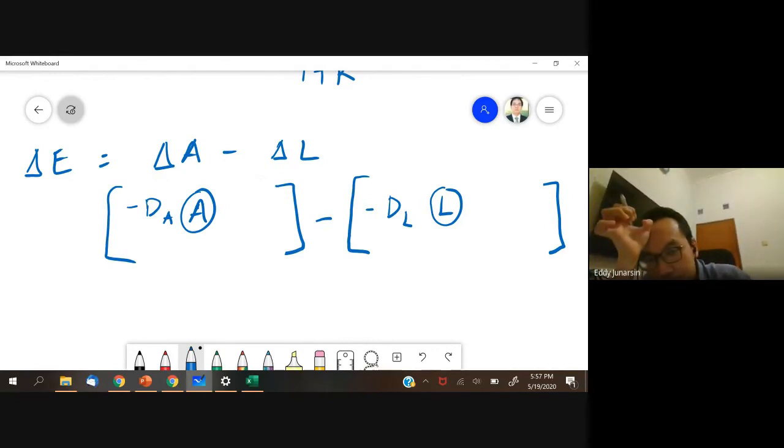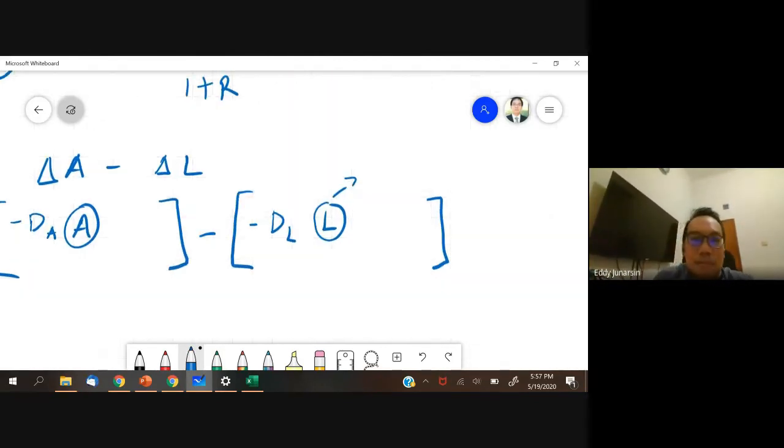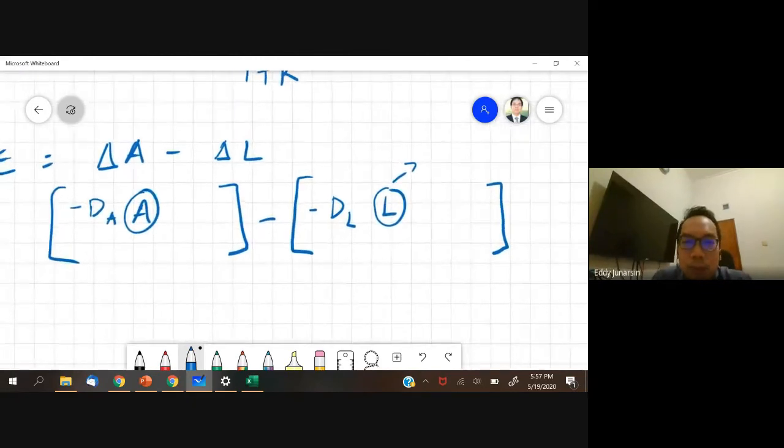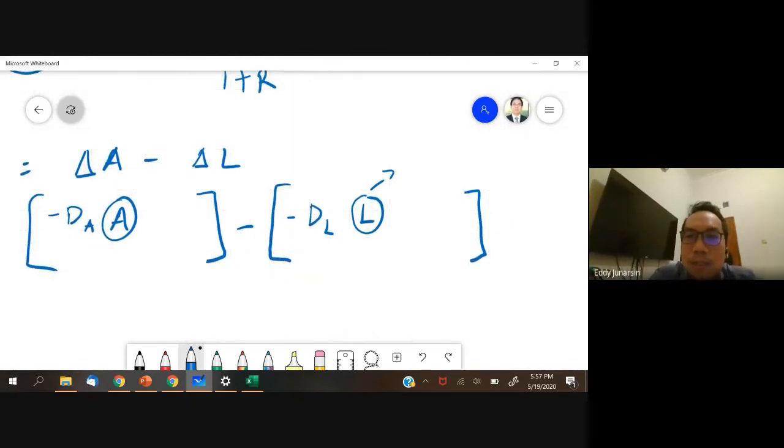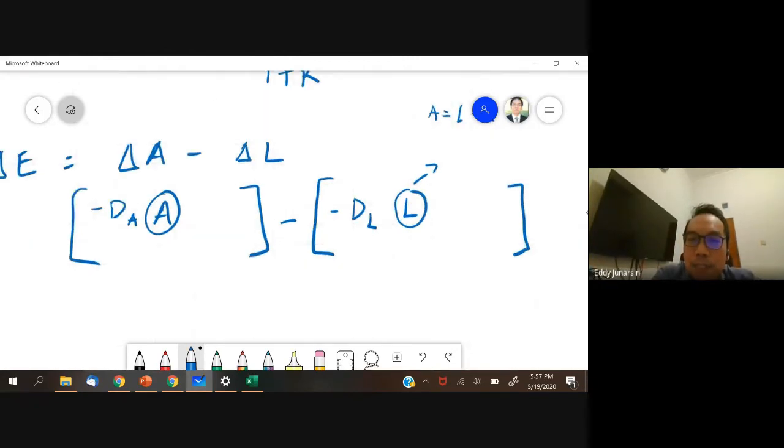So in order to make them the same, we can use some accounting logic. Okay, you see, remember that assets is what? Liabilities plus equity, right? So how to make liabilities into assets?